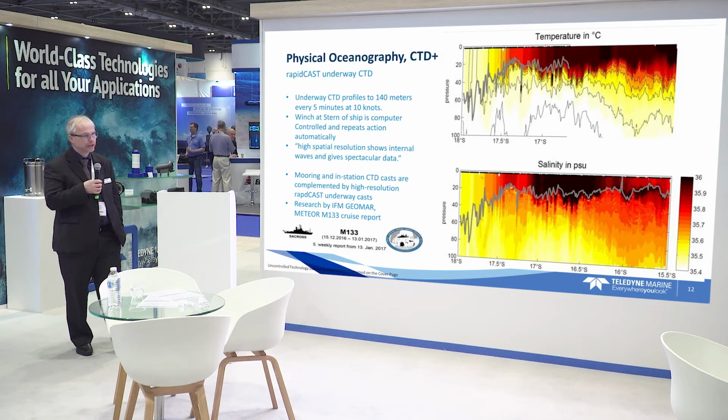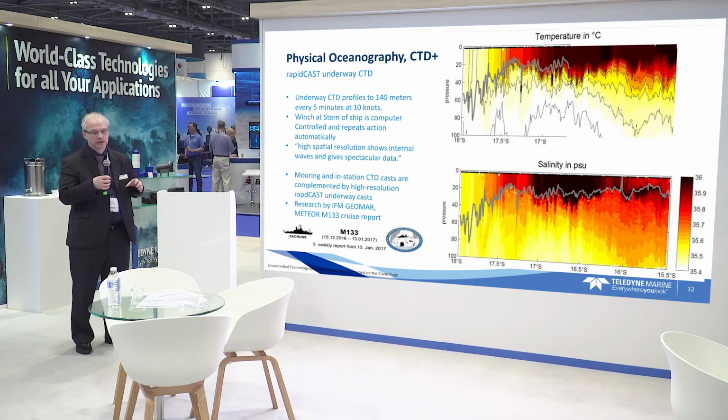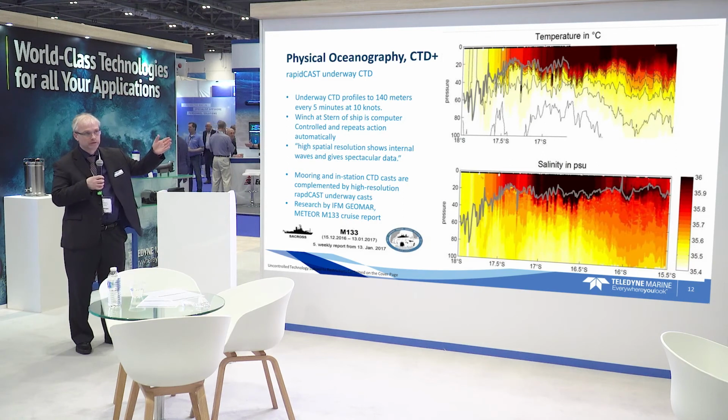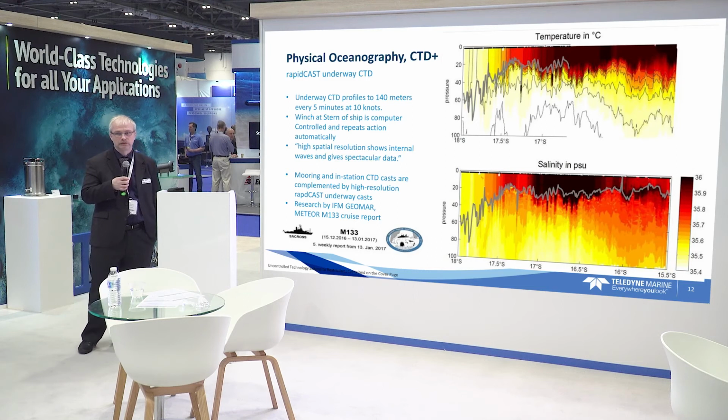And basically the feedback from GEOMAR with respect to their application was it was a really nice tool to fill the gaps in between the different existing profiles and the solutions they have. And actually they have been able to identify physical presence of internal waves in the high resolution data of the Rapidcast.